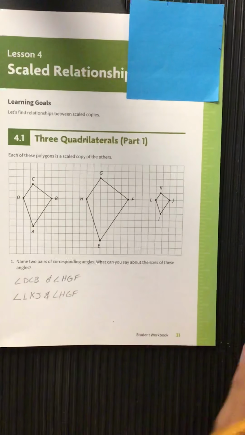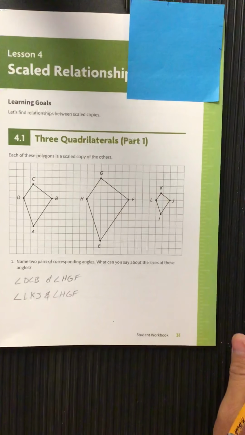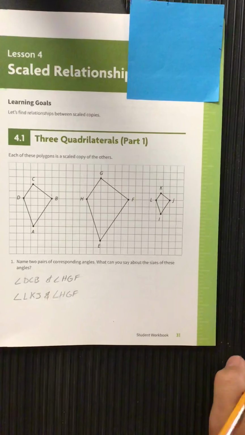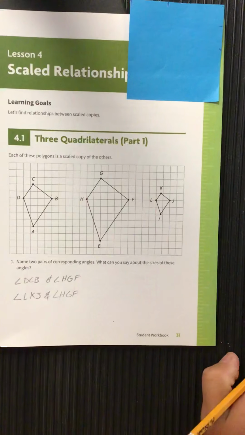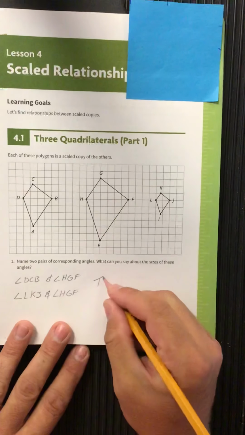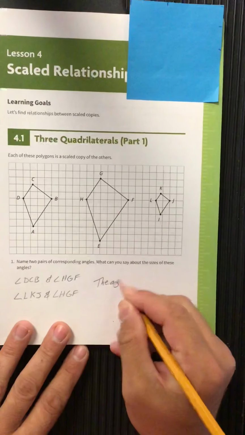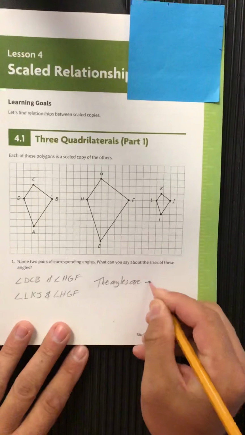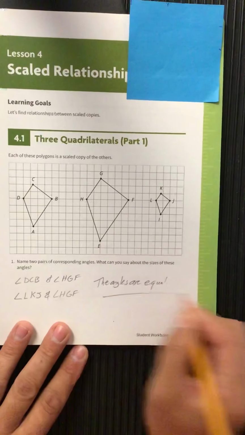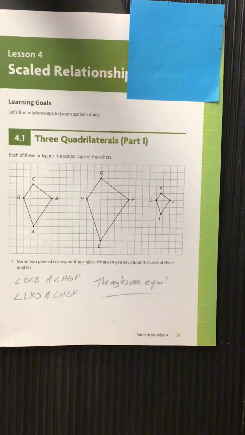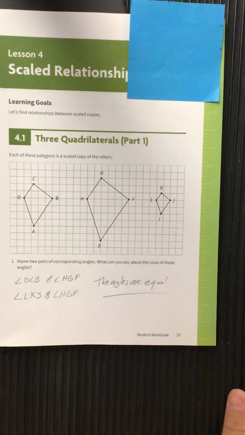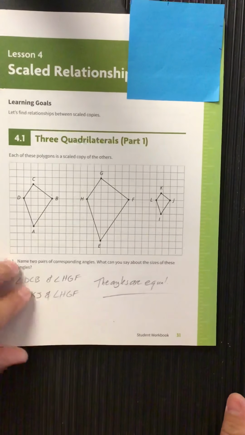What can you say about the sizes of these angles? Boston: They're equal. The angles are equal. Remember, they're a scaled copy. Bigger or smaller does not affect the angles. Angles are the same.